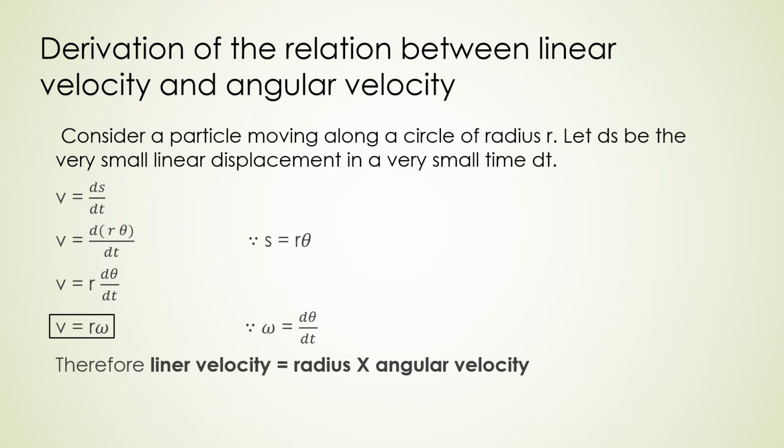V is equal to r omega. Therefore, the relation is that the linear velocity is equal to r, the radius, into omega, the angular velocity. So this is the relation between linear velocity and angular velocity.